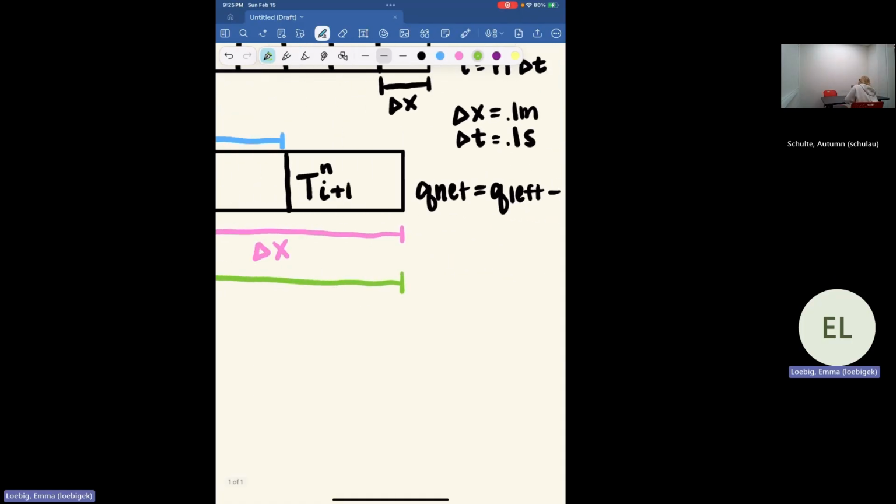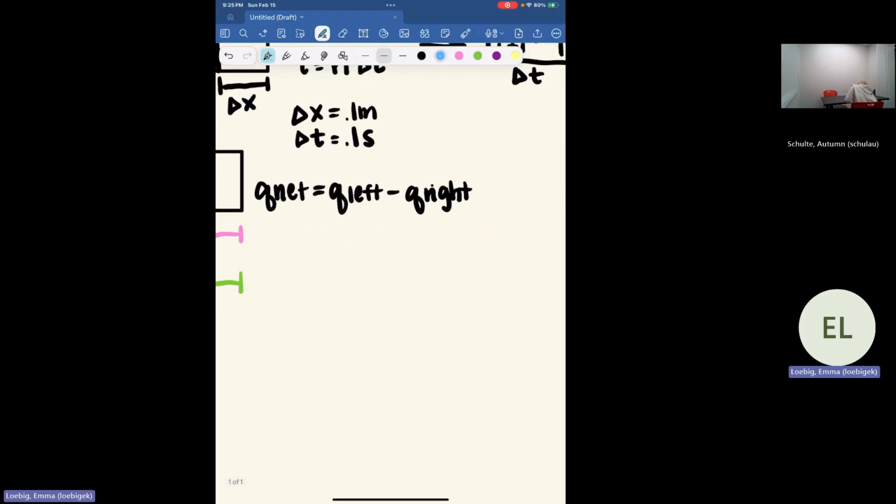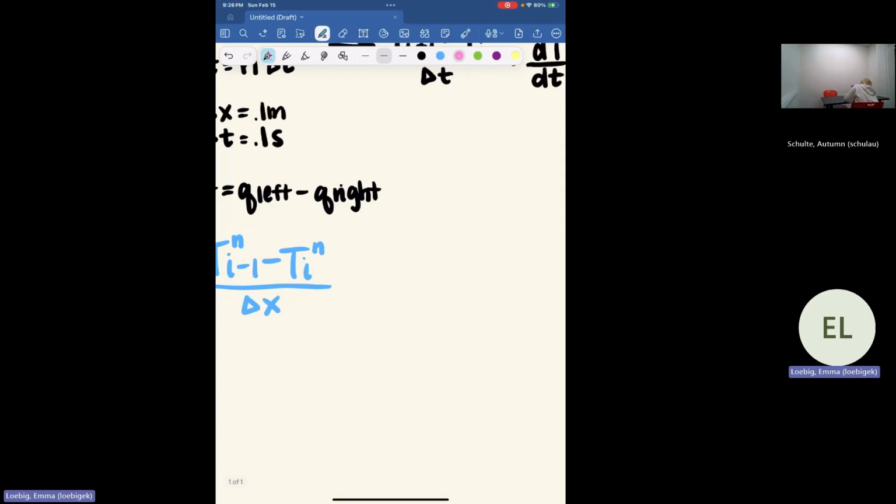representing the entire length of this bar. So writing out Q left, it's going to be the temperature at the position to the left of you at some time n minus your position at some time n divided by delta x. And we are going to subtract Q right, which is going to be the temperature at your position at some time n minus the temperature to the right of you at some time n divided by delta x.